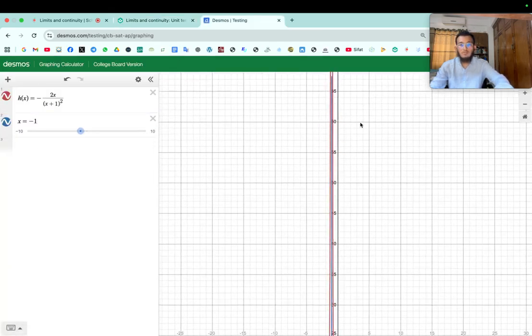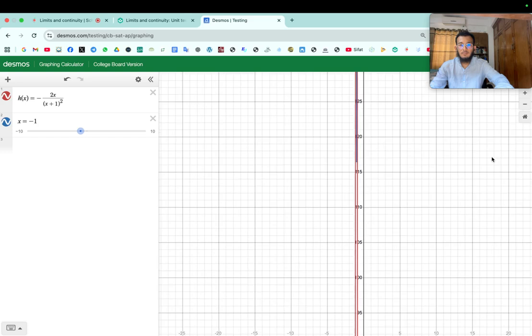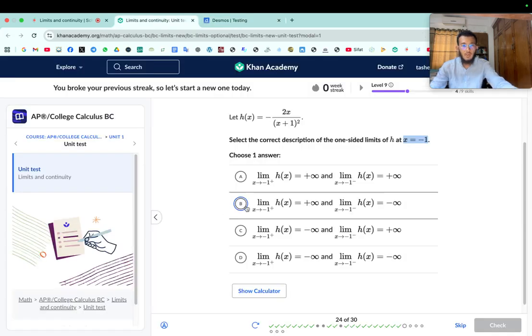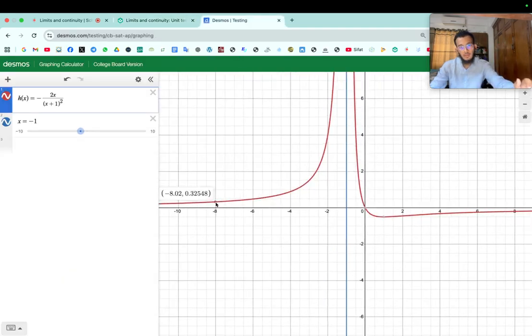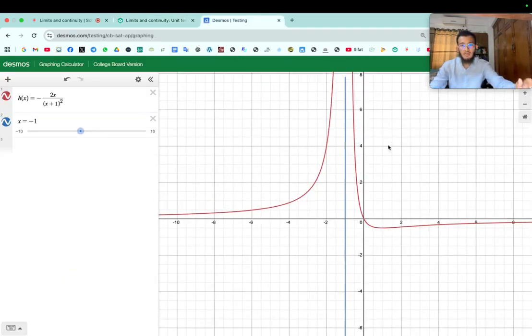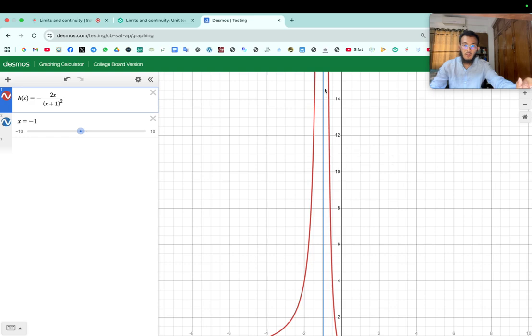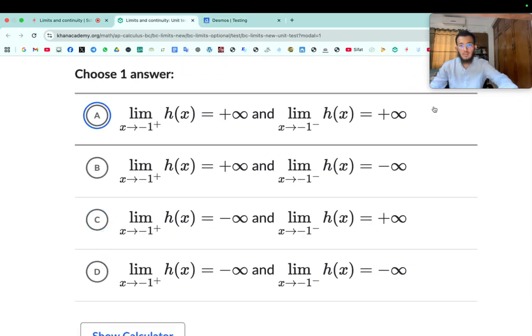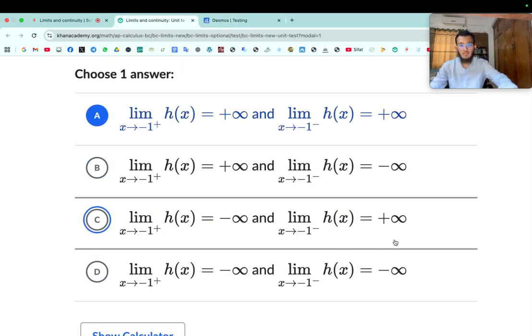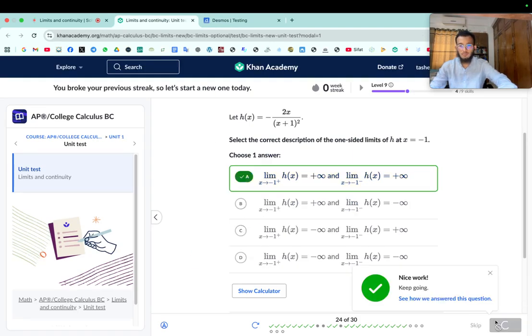So what do we see? It's positive infinity here. So as x tends to negative 1 from the negative side, this side is also positive infinity, and from the right side as well it is positive infinity. So both of them should be positive infinity, which is the first option.